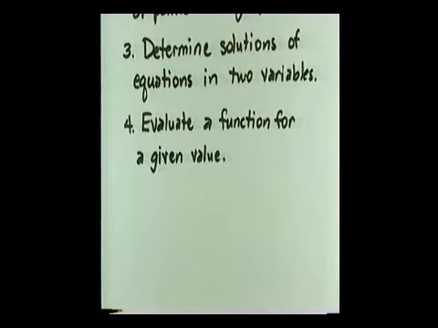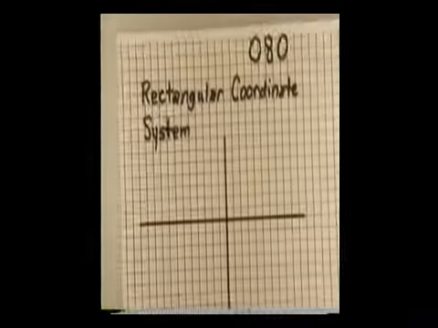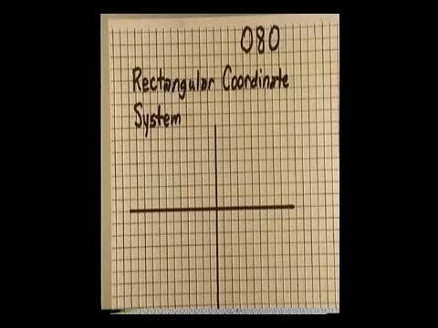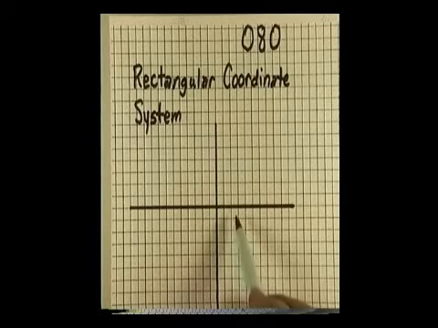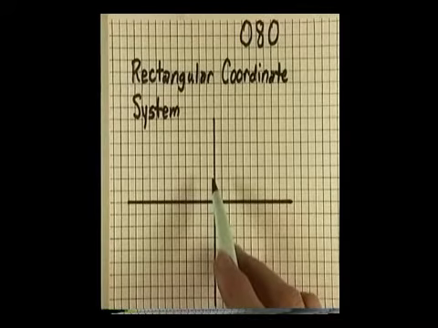Let's begin by looking at our graph grid and examining the rectangular coordinate system. The rectangular coordinate system is so called because it's on a grid of little rectangles. They're actually squares. In our rectangular coordinate system, we'll have 2 number lines as our reference lines. One is horizontal, the other is vertical.